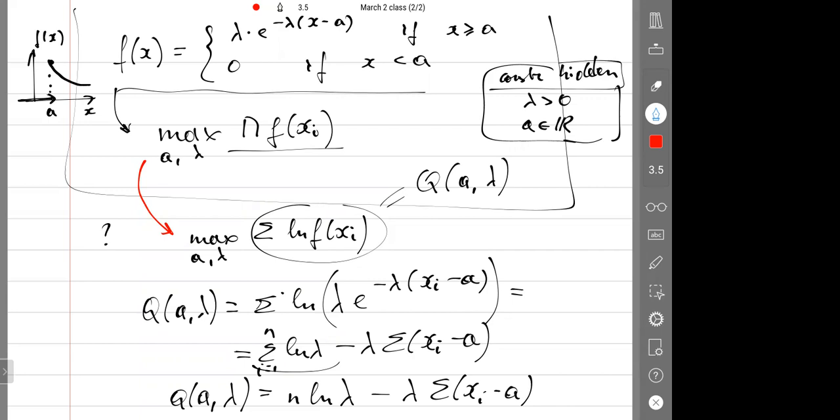For example, you are right that when x is less than A, this expression is okay, it's 0. We multiply 0 by something. And when we go from maximization of a product into optimization of a sum of logarithms, that can be done in many cases, but not always. And that's exactly where the trap is located.